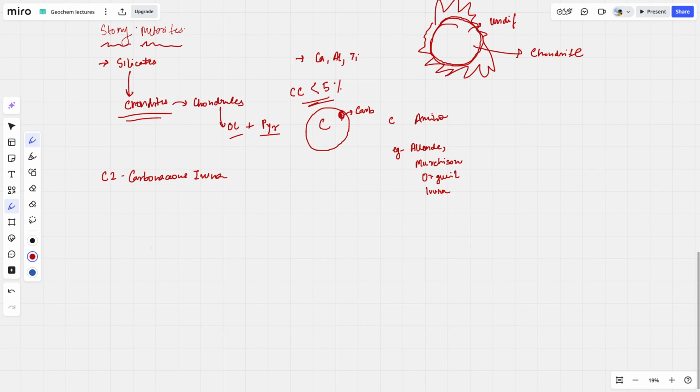Okay, so now we'll talk about the carbonaceous Ivuna. So carbonaceous Ivuna is also a chondrite that has a composition representing the solar system in its entirety and represents the bulk earth composition. So this represents the bulk earth composition. Okay, and also represents the solar system in its entirety, right?